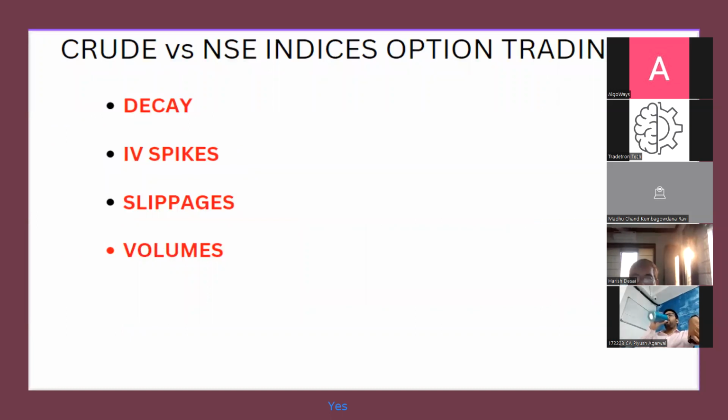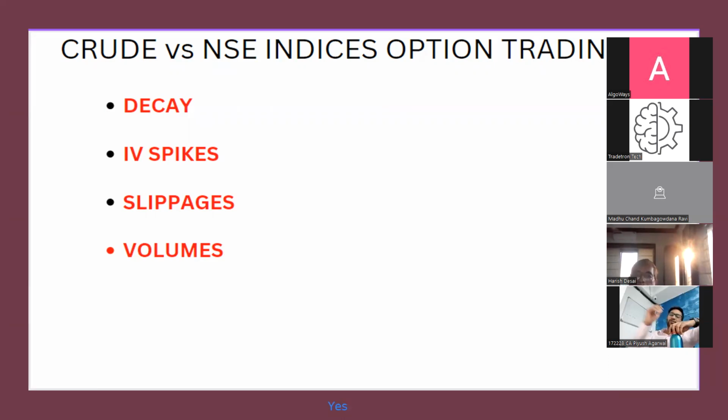Now, I also heard a lot of things about theta decay in crude oil trading and all. When people ask, there is a wide difference between crude oil option trading and NSE indices option trading. Number one, decay. Decay in NSE is time bound. Basically, we know that every week it has to become 0.